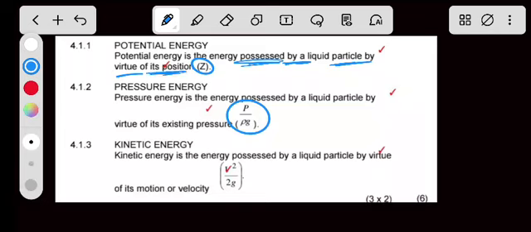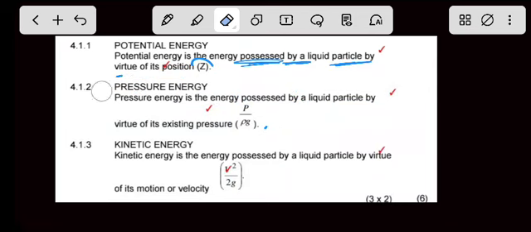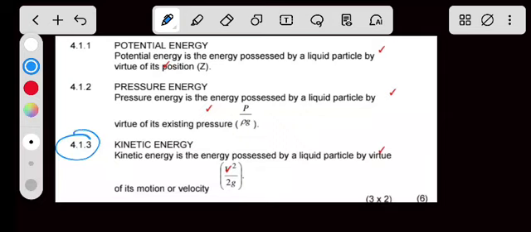Then pressure energy is the energy possessed by a liquid particle by virtue of its existing pressure. Then we have kinetic energy.